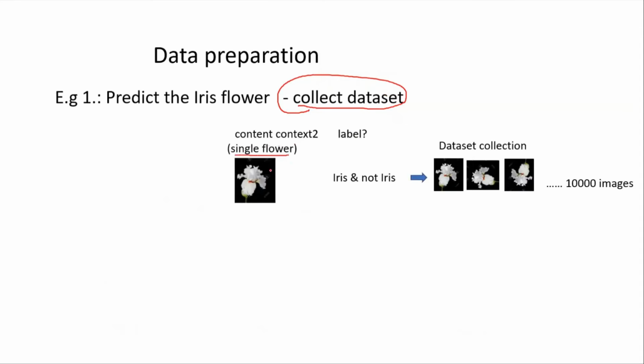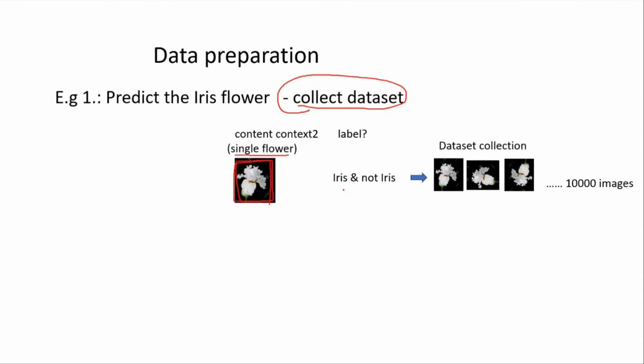Single flower means our recognition software input will be like this only: the whole flower in the photo. No branch, no leaf, no whatever. Only a single flower as input. We want the input to be just a single flower like this and predict what flower this is.